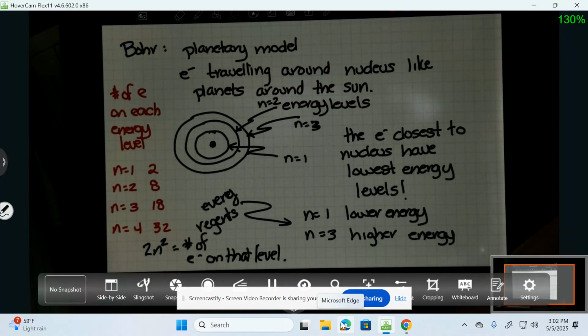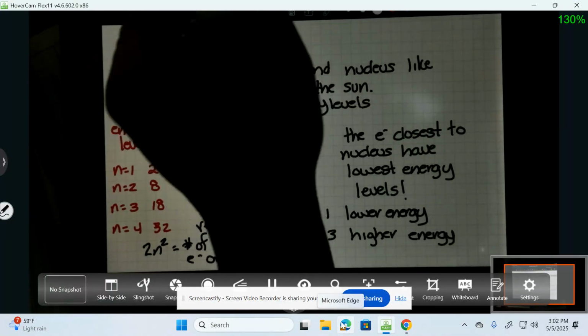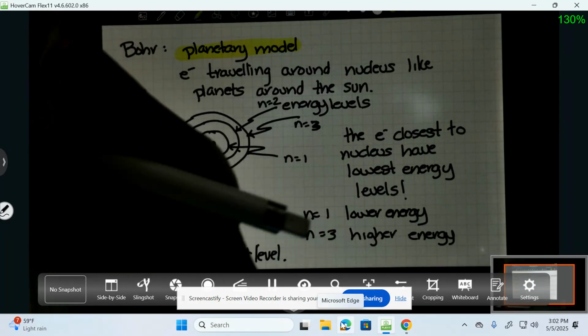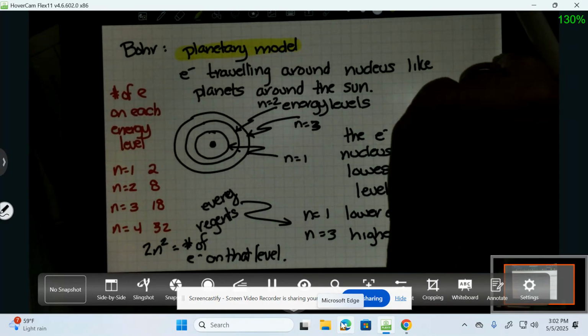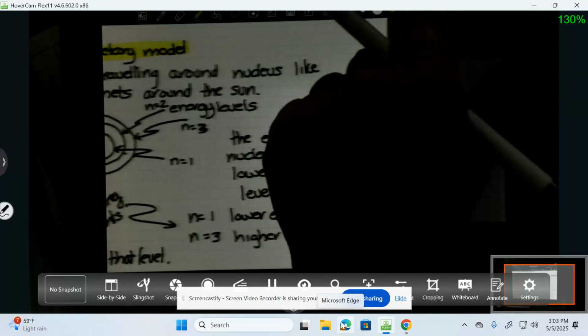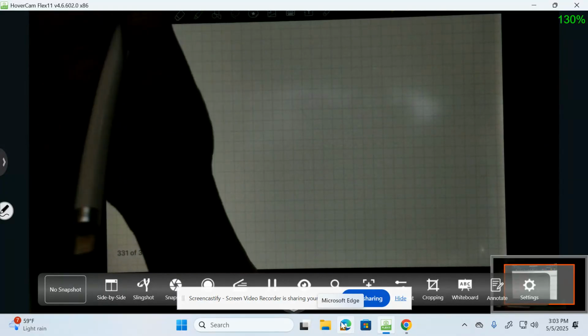Okay, so Bohr had the planetary model. Then after Bohr, we have the modern model.